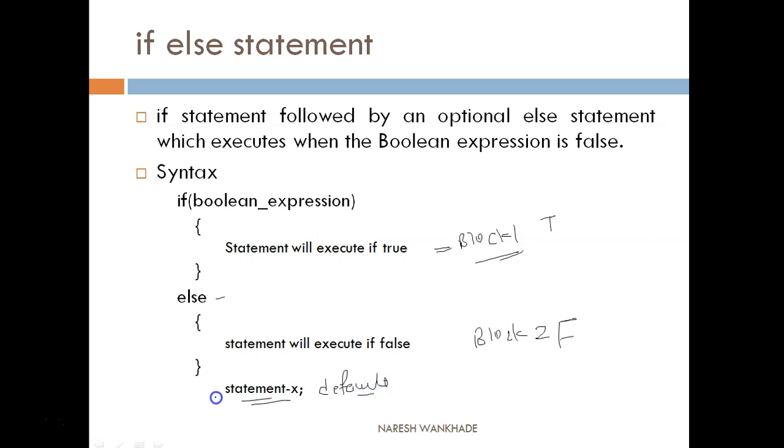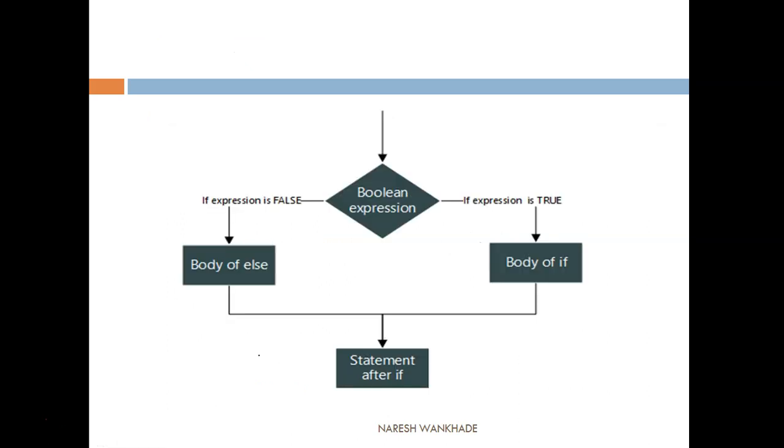The statement X, that is the default statement, will be executed with either of the blocks, either this block or this block. Let's see the flowchart of this. This is the Boolean expression. You can have the same example, let's say value of A. Expression is if A equals to 5.